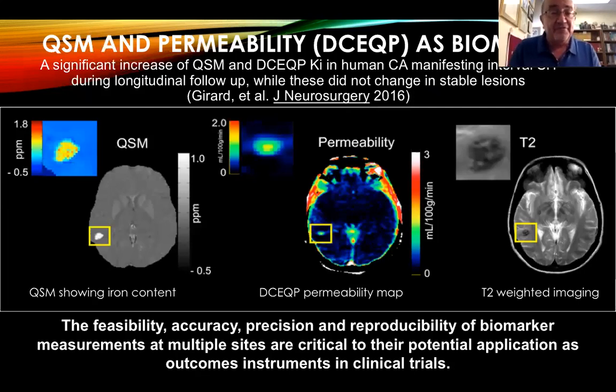And to the left, there is a scan that allows us to measure the quantitative susceptibility map, which is QSM, and that is the amount of iron in the lesion measured in parts per million. So the lesion that's more leaky will have more iron in it.